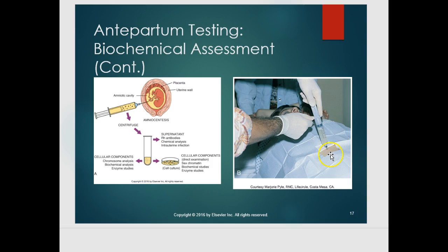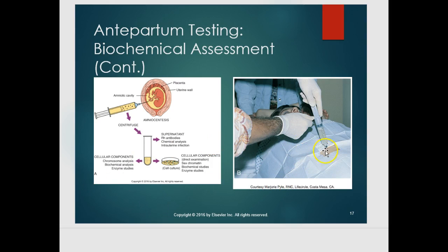And you want to make sure you don't puncture the cord or the baby during aspiration of the amniotic fluid. So they will take amniotic fluid out. As you can see, they'll spin it down, and then we'll be able to do studies on the amniotic fluid: RH antibodies, chemical analysis, and of course, we can look for intrauterine infection, which can be a major thing.